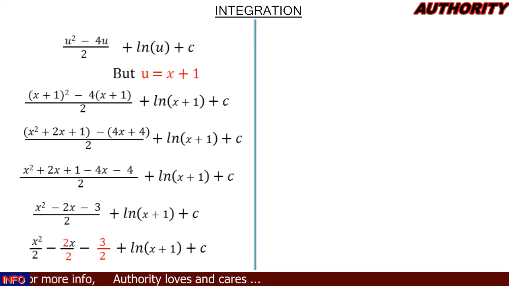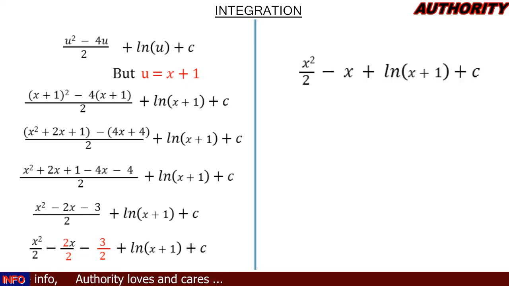Do you get? So that means we eliminate this minus 3 all over 2 because this c has covered the constant that it is. So here we have x squared all over 2 minus x plus ln(x plus 1) in bracket plus c.